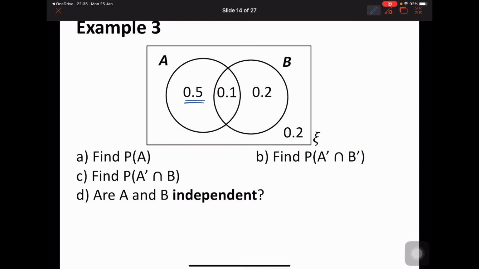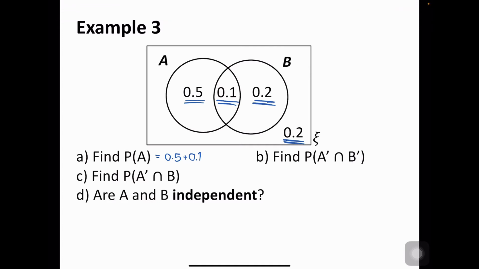We don't need to divide by anything because the probabilities have already been given. If you look at these 4 values, they add up to 1, and so probability of A is 0.5 plus 0.1. We don't actually need to divide by the total number of people or anything like that. So this equals 0.6, of course.